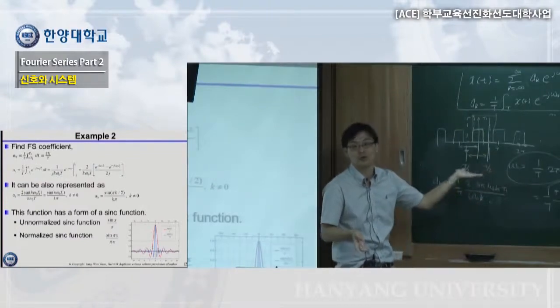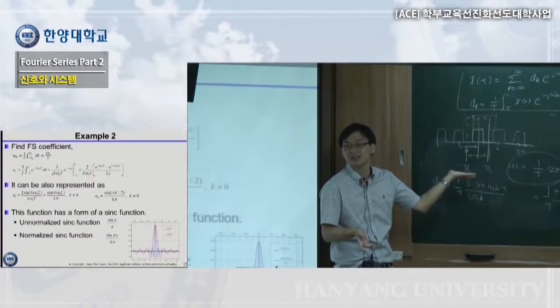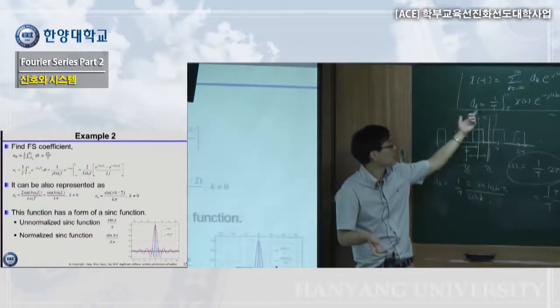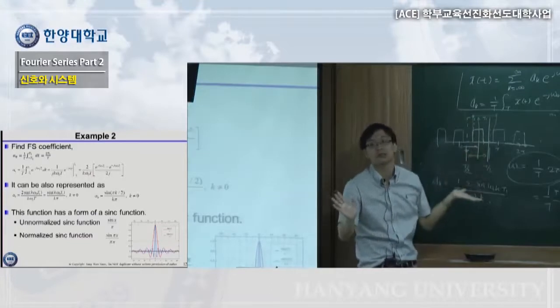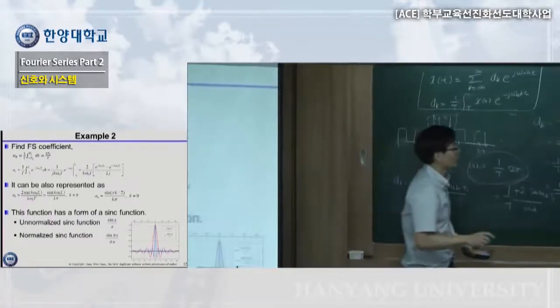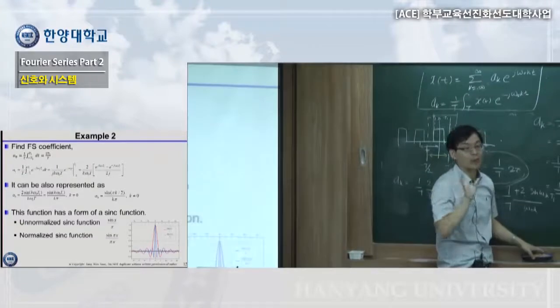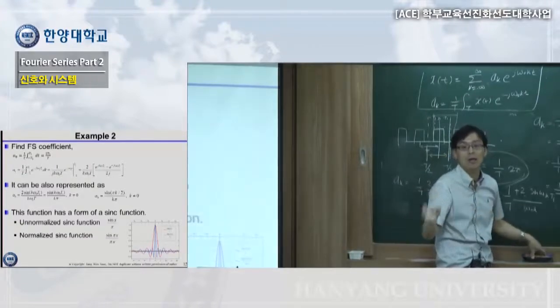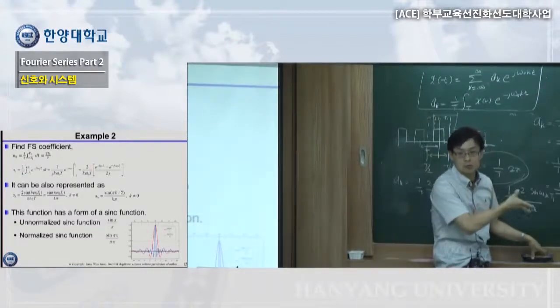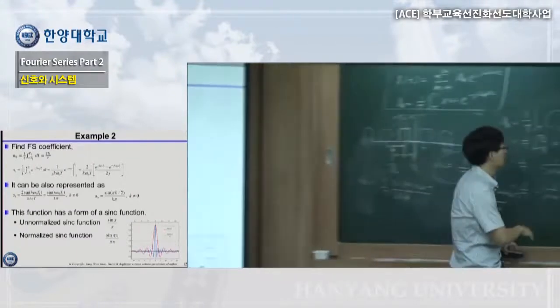This one will be homework, so you should ask questions right now if you have questions. So basically, you put in the equation, find the AK, that's it. And remember, you always think about where it is not 0, where it is 0, and also, second, use the Euler formula.